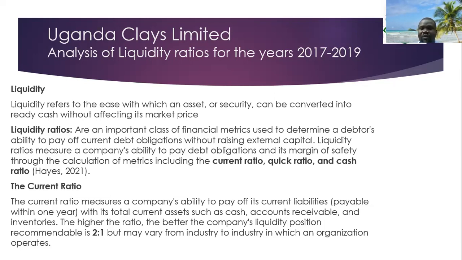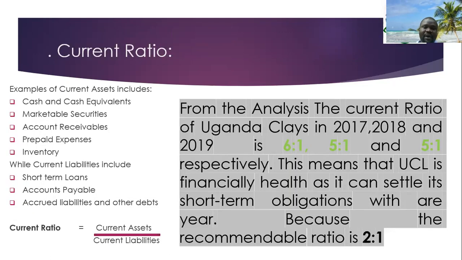It looks at the total assets compared to the total liabilities. The recommendable ratio is 2 to 1, meaning that a company should have 2 times its current assets when compared to its current liabilities. However, this differs from company to company depending on the industry in which it operates.